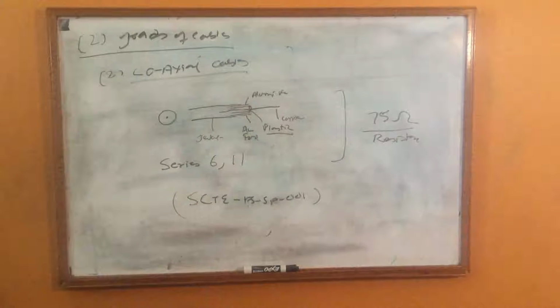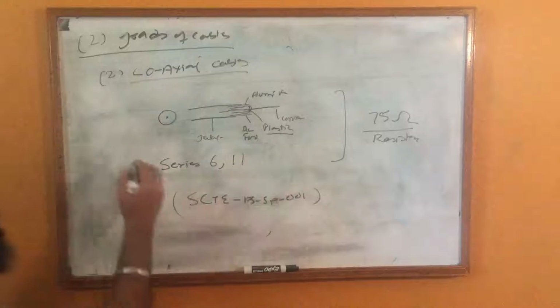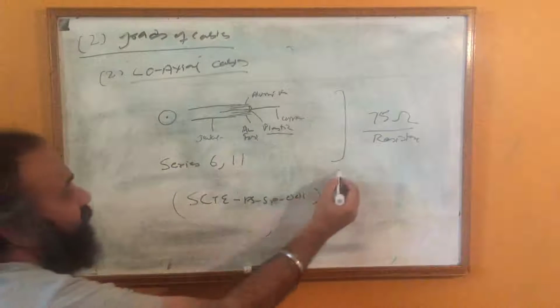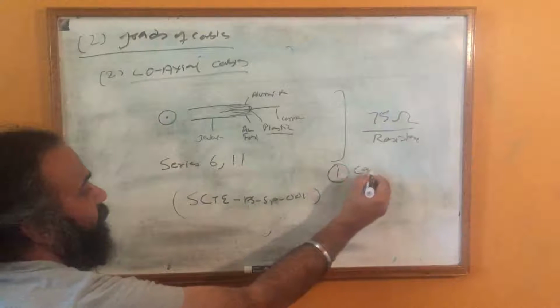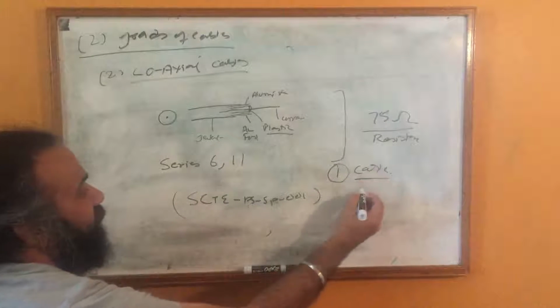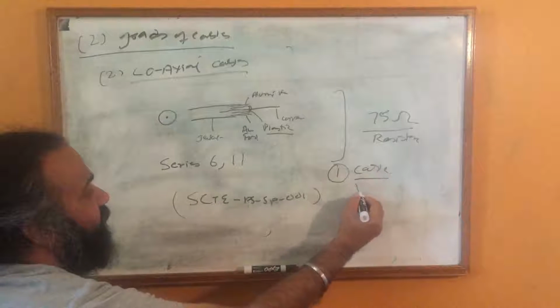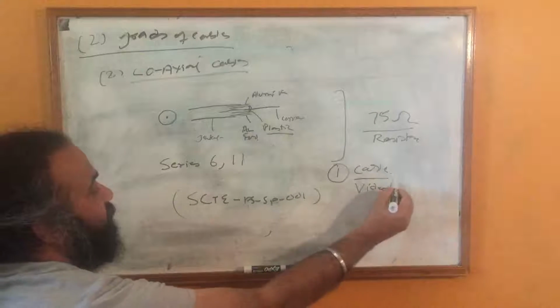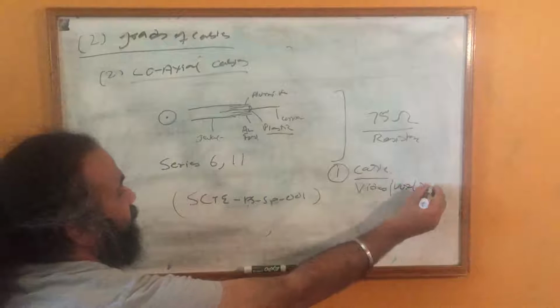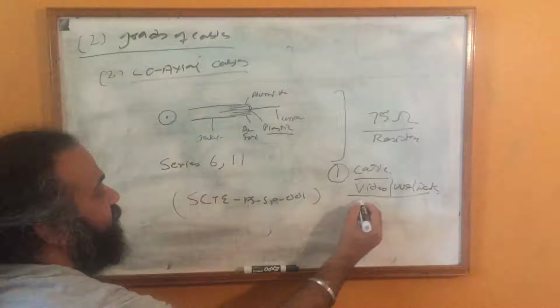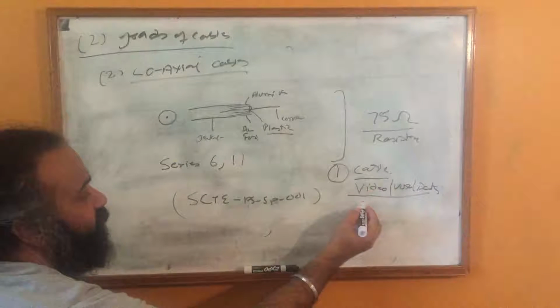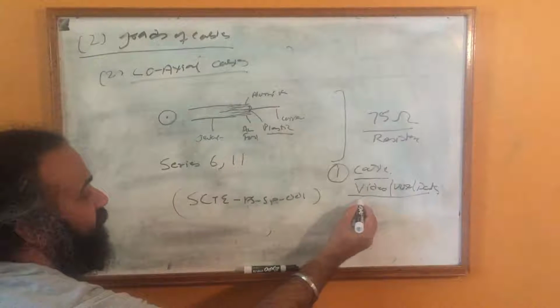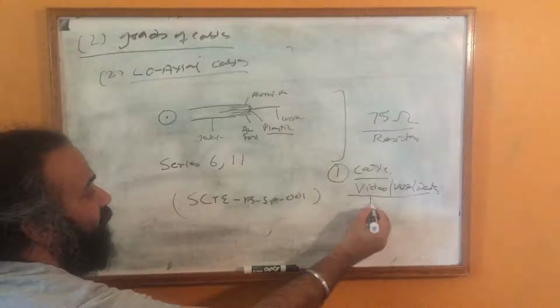Where it is used most of the time, you will see there are special purposes. You might have seen that your cable company drops these cables. They are capable of transferring video as well as voice as well as data. For example, Charter or Comcast, it used to be Time Warner, all of these cable companies offer all three services.